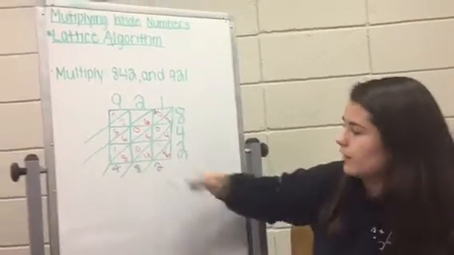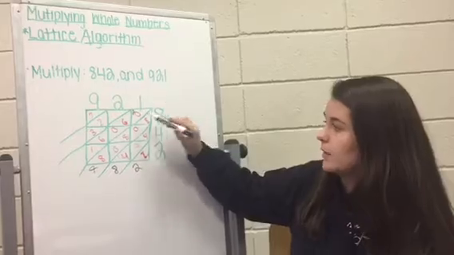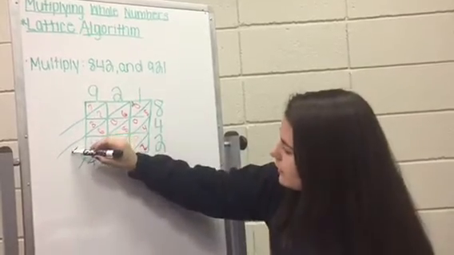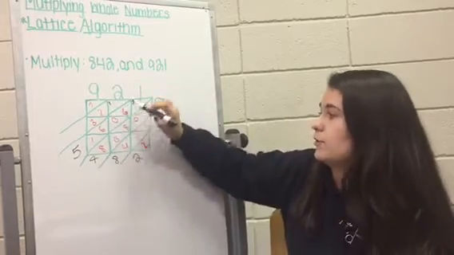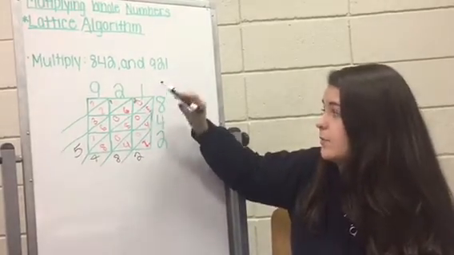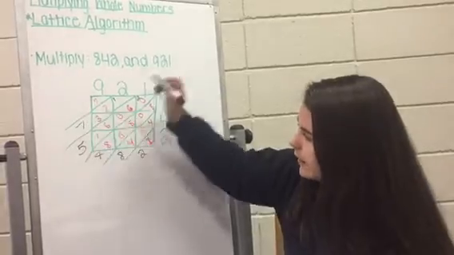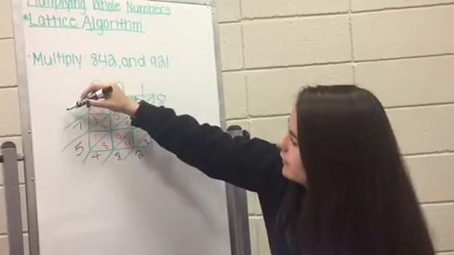6 plus 6 is 12, plus 1 is 13, plus 2 is 15. So you would take the 5 and put it here and add the 1 up here. 3 plus 2 plus 1 is 6, plus 1 is 7, and then 7 plus 0 is 7.